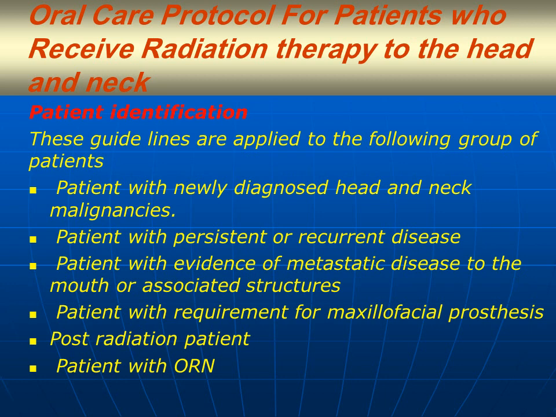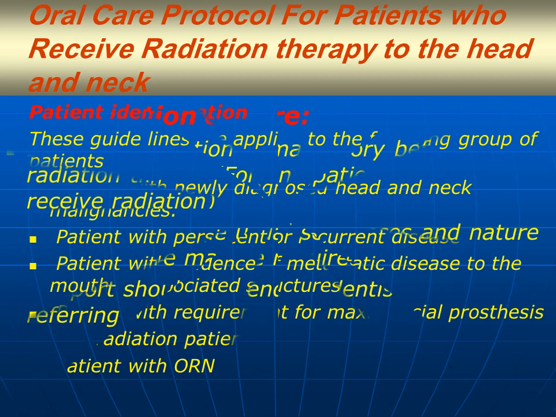These patients include patients with newly diagnosed head and neck malignancy, patients with persistent or recurrent disease, patients with evidence of metastatic disease to the mouth or associated structures, patients with requirement for maxillofacial prosthesis, that's to say, patients requiring construction of obturators, post-radiation patients, as well as patients with osteoradionecrosis.